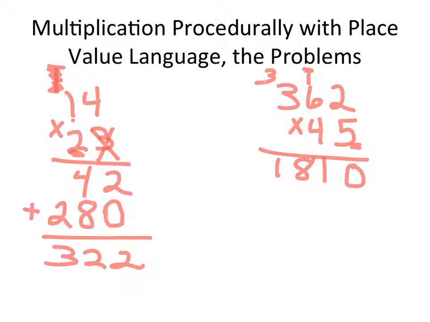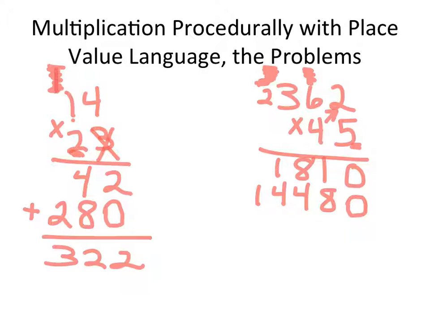I'm done with the 5, so I want to get rid of these so they're not confusing. I'm not multiplying times 1s anymore. Now I'm going to start with the tens. 4 times 2 is 8. It's actually 4 tens, so that's 80, which makes sense. 4 times 6 is 24. It would be 24 tens, which means this 2 is really hundreds, so I have to put it with the hundreds. 4 times 3 is 12, plus 2 is 14.